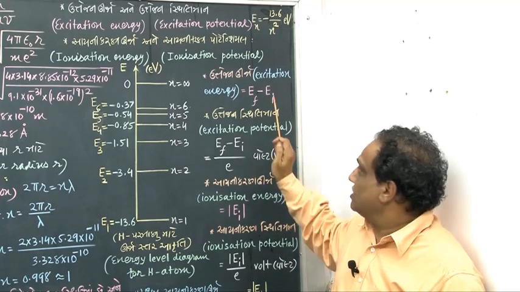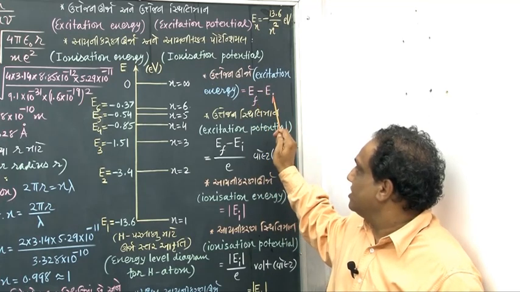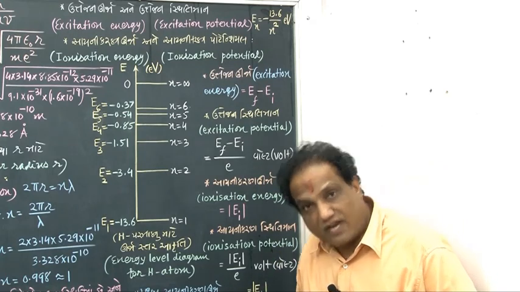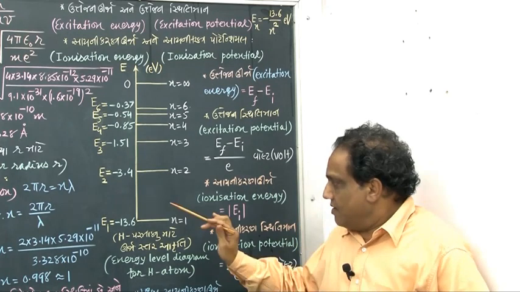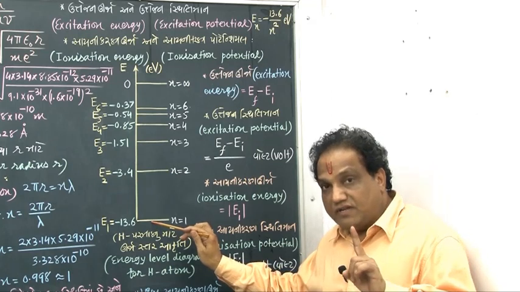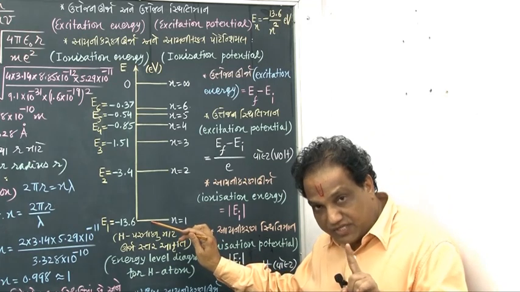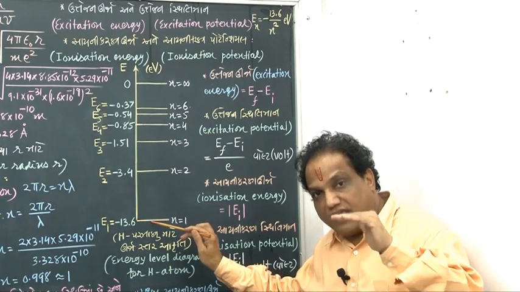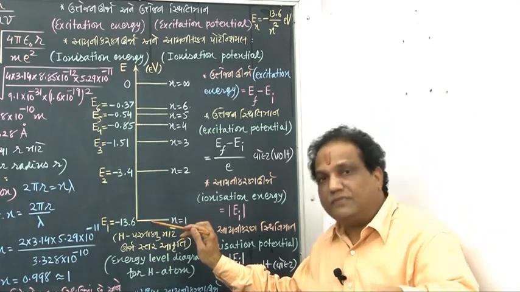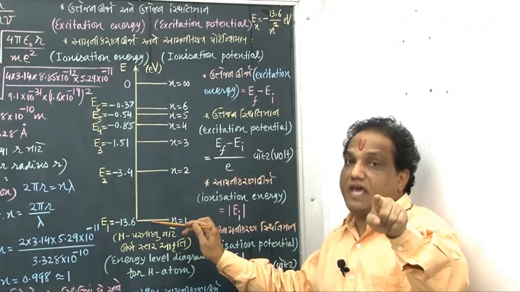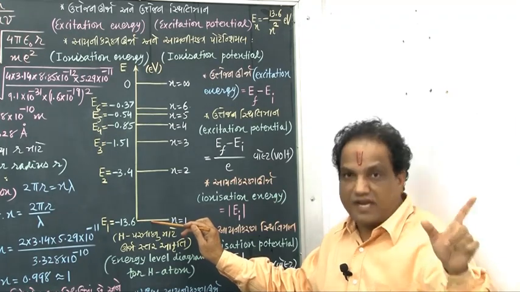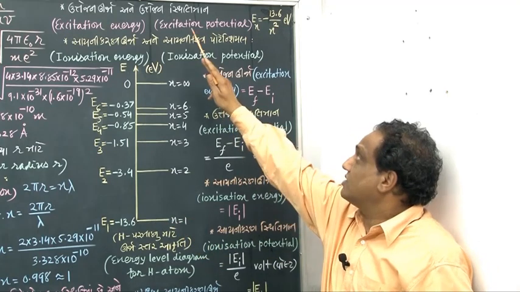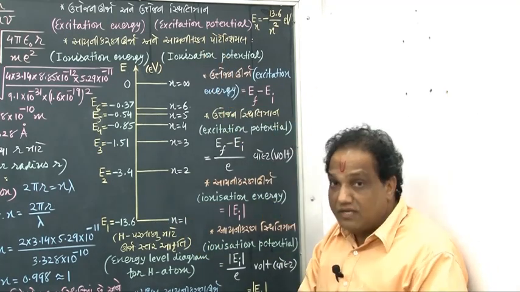So, this is final energy, this is initial energy, and final minus initial is the increase in the energy of the electron. With whatever supplied energy we can raise the energy level of the electron, that supplied energy is known as excitation energy, and the corresponding potential difference is called excitation potential.